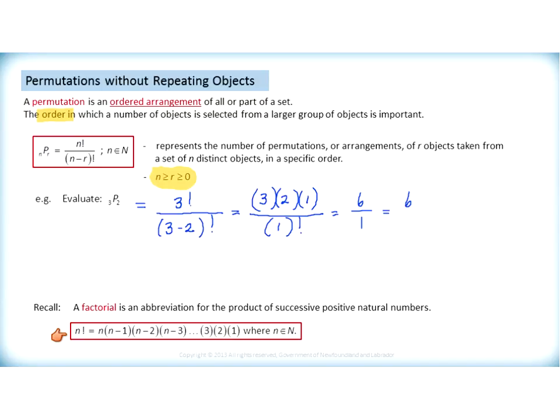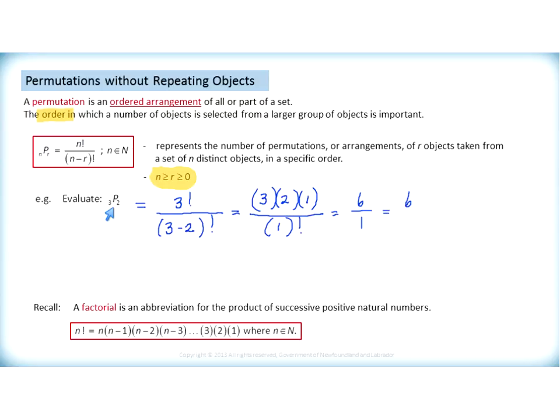At this point, I would like to do a calculator demonstration of how you can use your graphing calculator, namely a TI-83, to calculate 3 permute 2. So I will share my calculator with you. If you want to calculate 3 permute 2 with the calculator, you simply type in 3, go to the math button, scroll over to probability, and go down to where it says n permute r.